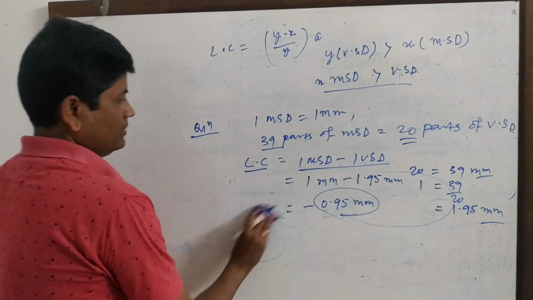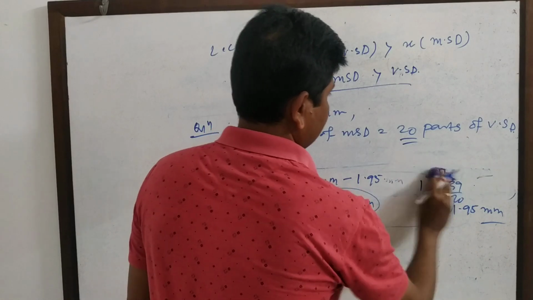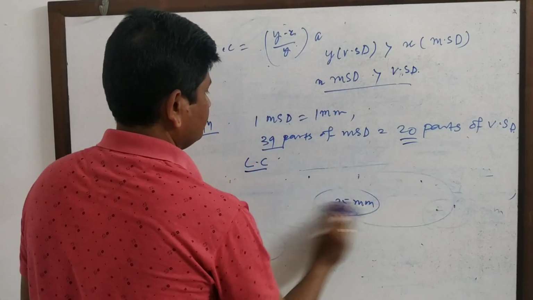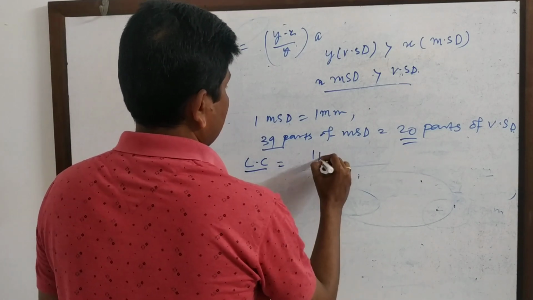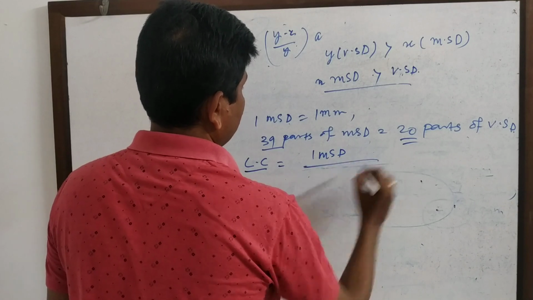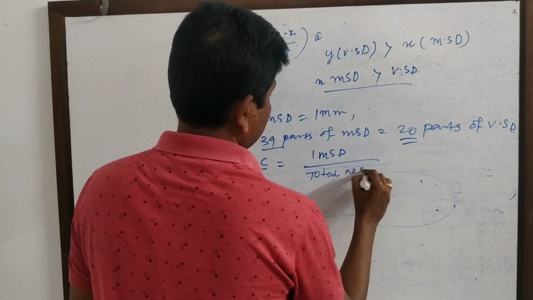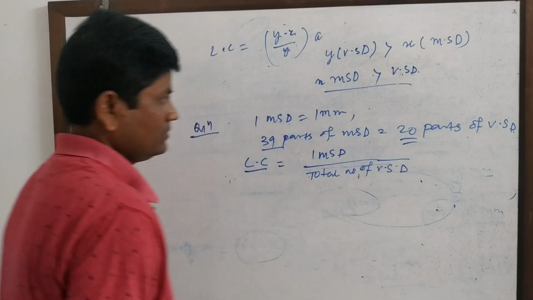Then the least count will be here 1 MSD by total number of vernier scale divisions.